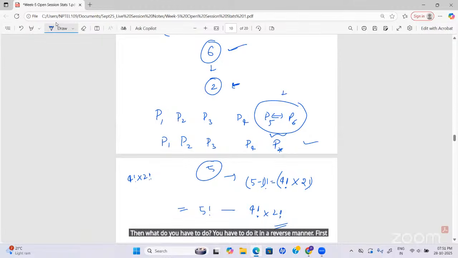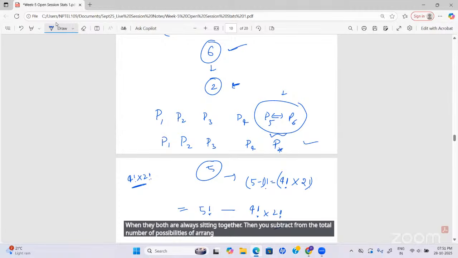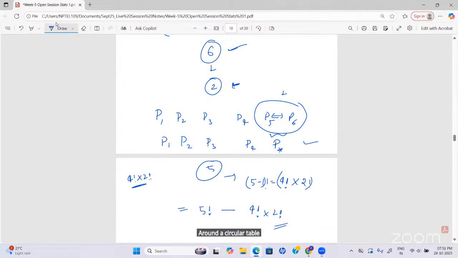First, you calculate when they are always sitting together. Then you subtract from the total number of possibilities of arranging 6 people around a circular table. Like you are taking the complement, the complementary event, as we used to do in probability.